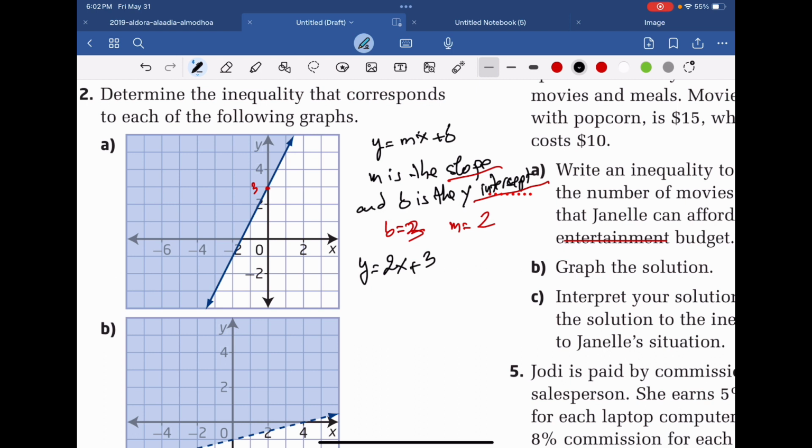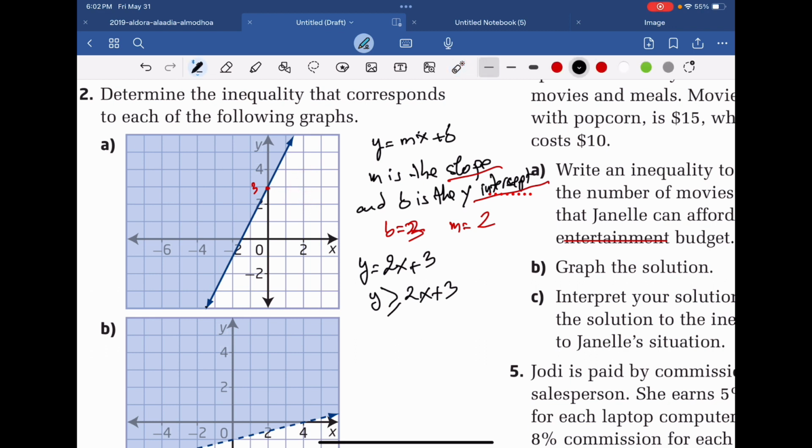Now we have found the equation of the line. The only thing we need to check is 0, 0. So suppose my y is greater or equal than 2x plus 3. This is my guess, and I see the line is not a dashed line, it is a solid line. So it means it's greater or equal, or less or equal. Perfect.